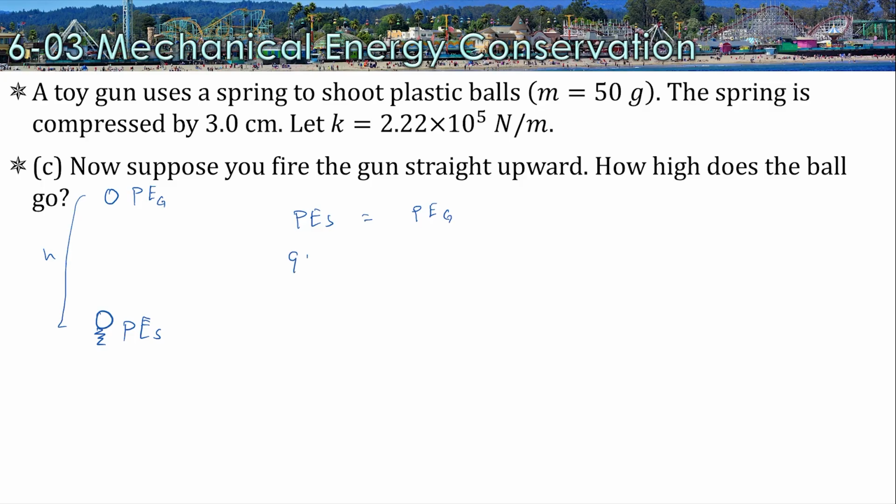Well, our spring potential energy was 99.9 joules from part A. The gravitational potential energy is mgh. Our mass was 0.05 kilograms. g is 9.8 meters per second squared, and we're looking for the height.